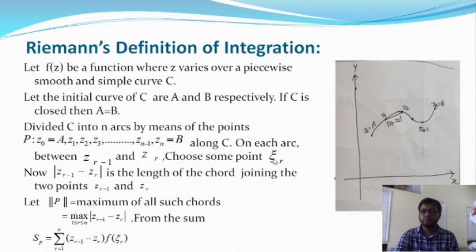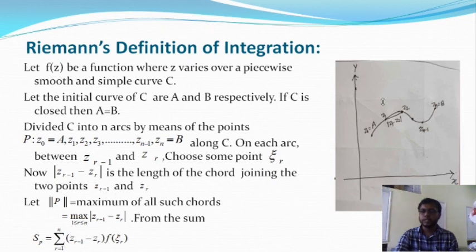Choose some point xi r, where xi r is any variable point in any arc. Now modulus of zr minus 1 minus zr is the length of the chord joining the two points zr minus 1 and zr.